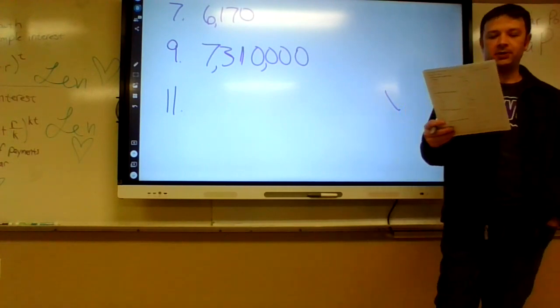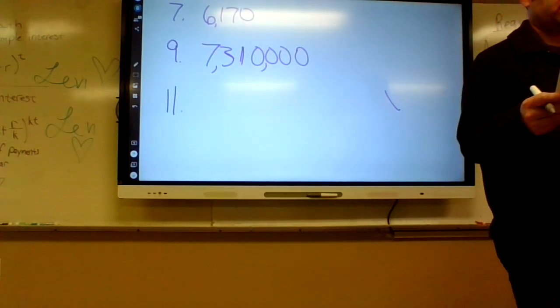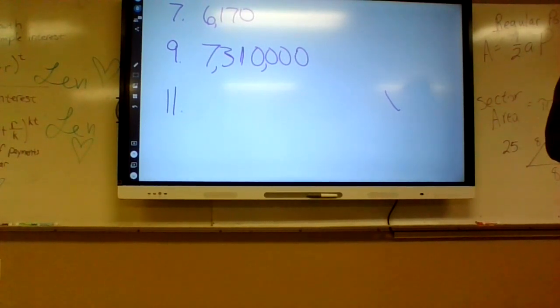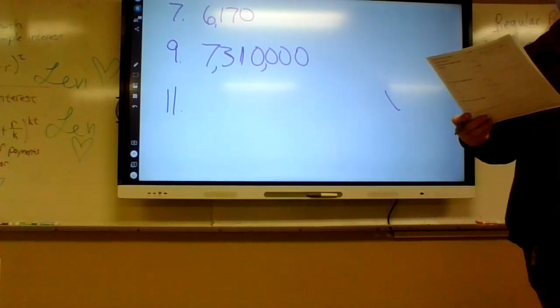Anna, what do you think we're going to do on number 11? Move it over like. Don't we make it bigger or something? I don't remember. Well, on the last 2 problems, we have positive exponents.